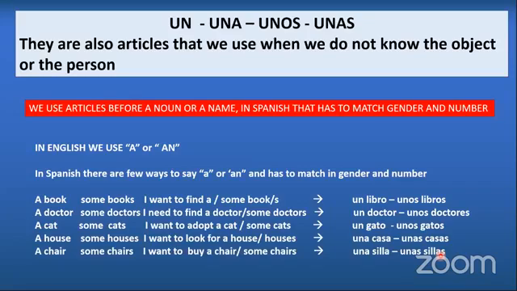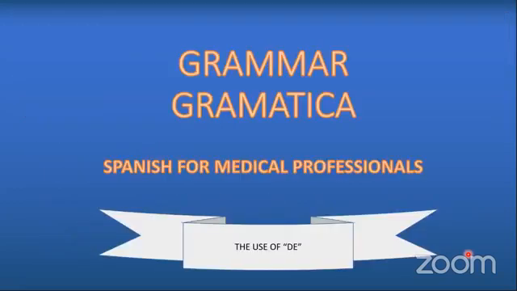But because I still don't know, I'm just going to the store, it's una silla or unas sillas. It's not la silla or las sillas. We use la or las when I already know the object, when it's very concrete.